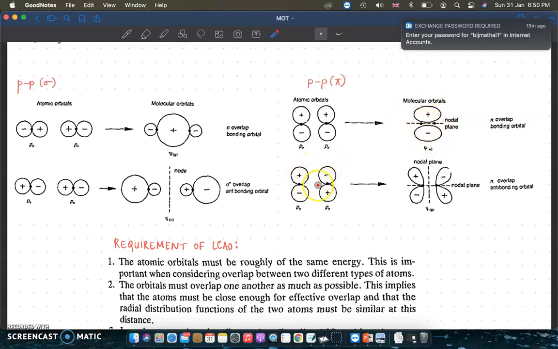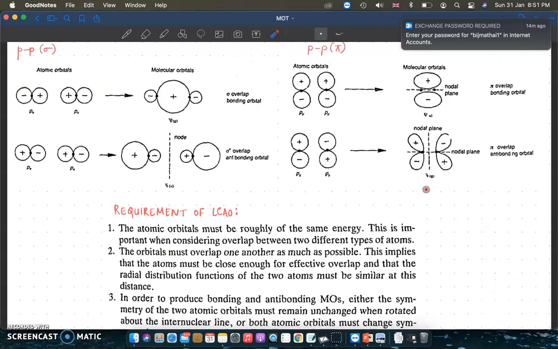However, when they are out of phase, there is no bonding happening. They are directed away from each other and a node is created in the process. So this is a pi star. A star is missing here; there should be a star here. So this is a pi star and it's an anti-bonding molecular orbital. It is a pi overlap because it's a lateral overlap, and pi star in this case because it's an anti-bonding molecular orbital.